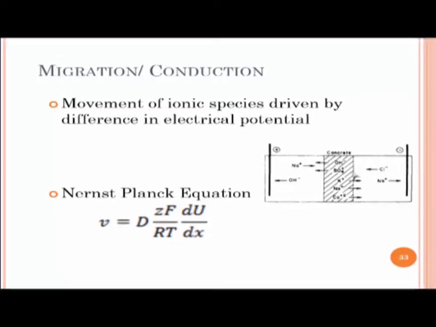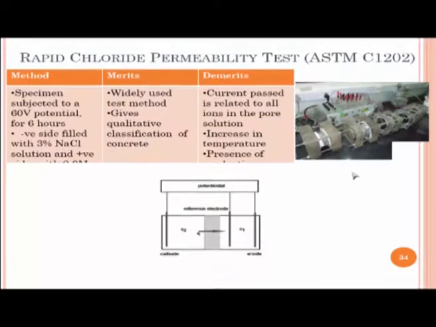The concept is that the more the chloride that penetrates, the greater is the increase in current that goes through the concrete. Okay, you get the idea? More the chloride that penetrates, the greater is the current that the concrete actually conducts. In other words, with more chloride penetration, the concrete carries more charge. So that's the principle of the rapid chloride permeability test.